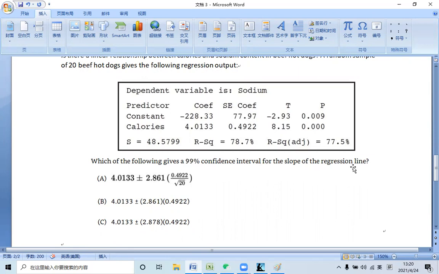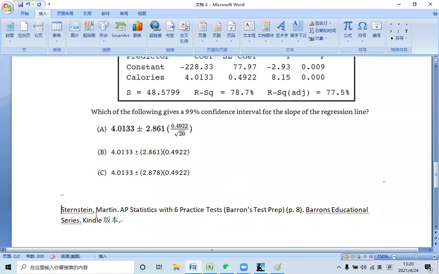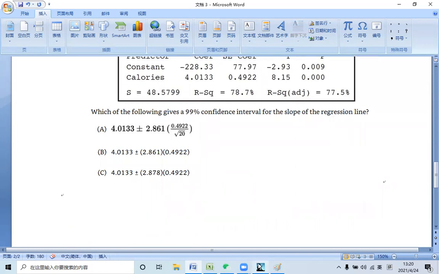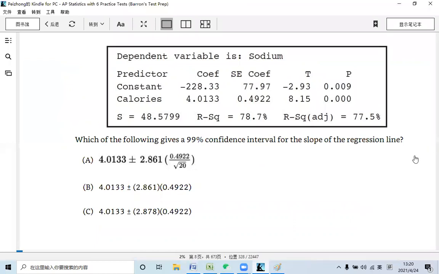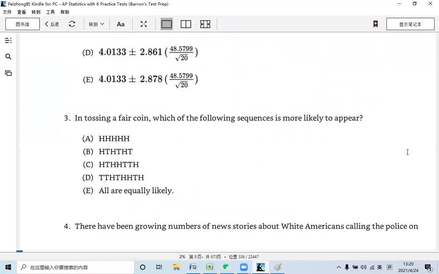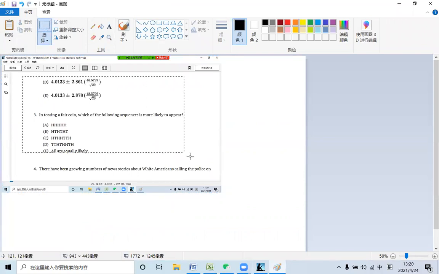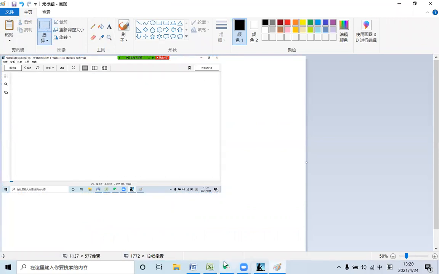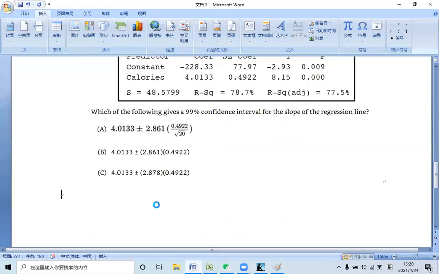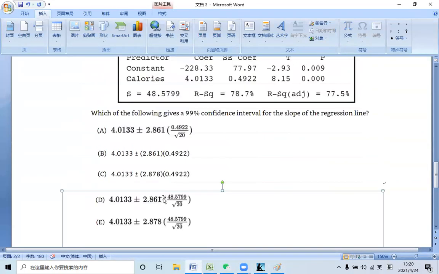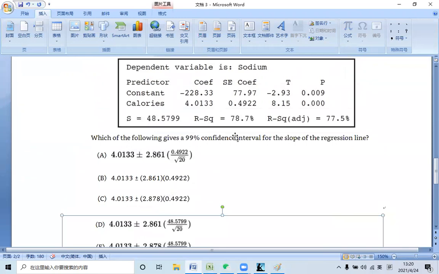Yeah, so you've got to look for the slope. And how do we figure out the slope? We've got a couple more choices on the other page. Okay, here. Copy this one. 99% confidence interval.